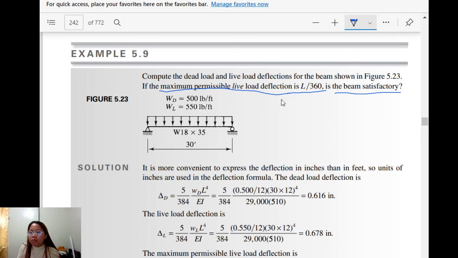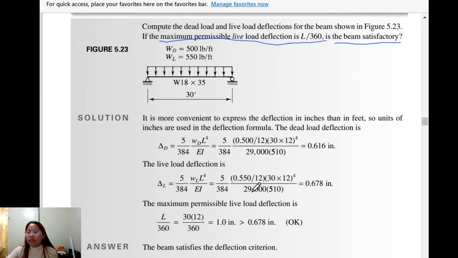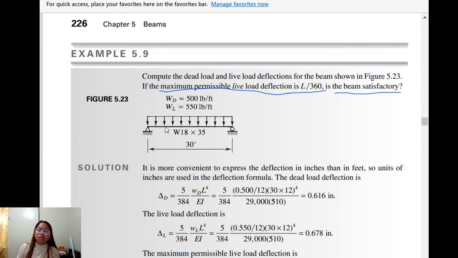Remember, this maximum permissible live load deflection L over 360 should be for the live load only. So for the uniformly distributed simply supported beam, the maximum deflection is 5 over 384 times the load.